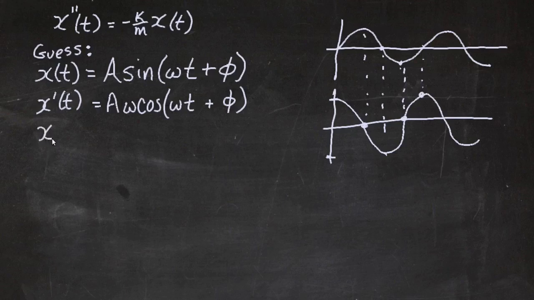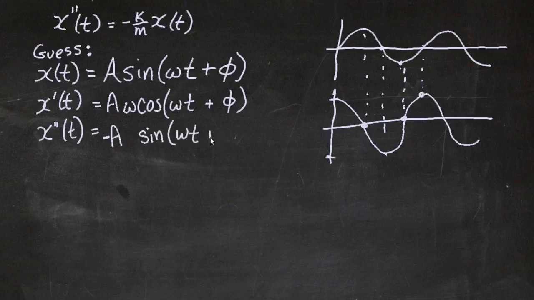Taking a second derivative, x prime prime of t, it's just the first derivative of the first derivative, and we're going to pop out another omega. I see that this function starts with 0 slope, but then the slope becomes more negative, so I remember that the derivative of cosine is negative sine. A is still along for the ride.